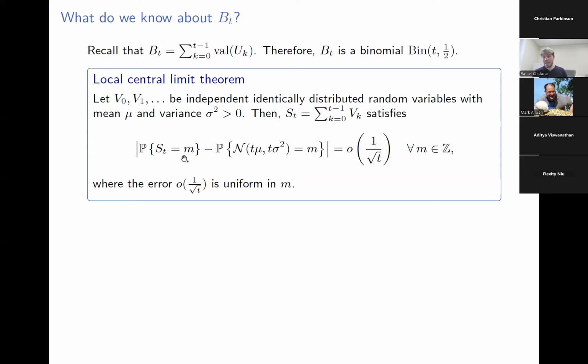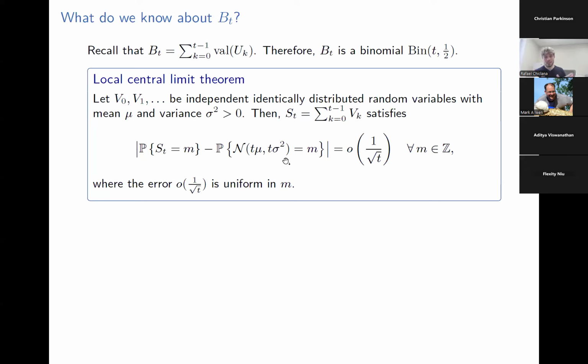So for any m, for any possible value of this sum, the probability that my sum of random variables takes the value m will be the same as the probability that the normal distribution is equal to m. Well, the normal distribution is continuous, but this represents the density.